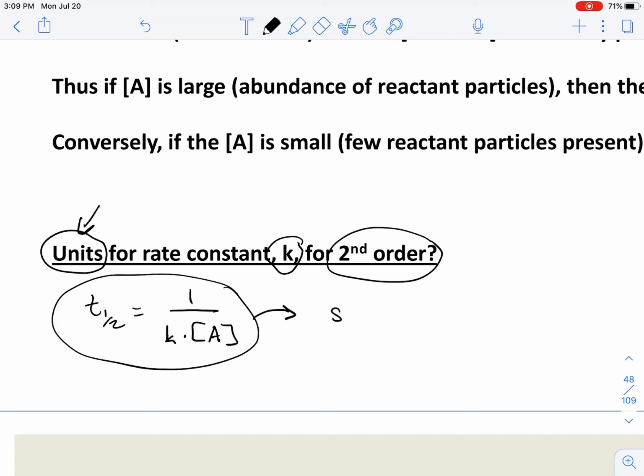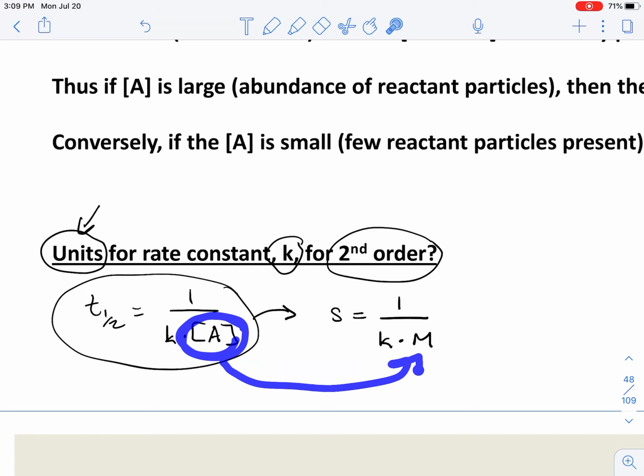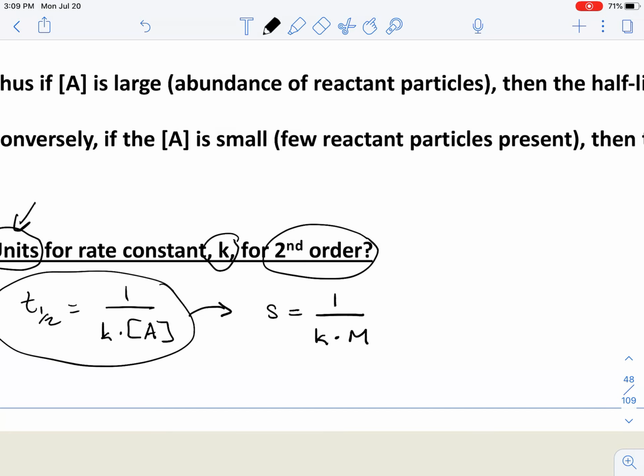So the T1/2 is going to be replaced by time, which is seconds, equals 1 over K times molarity. And so notice that the unit that this reactant represents is molarity. Okay? So I'm just replacing these terms with their units.